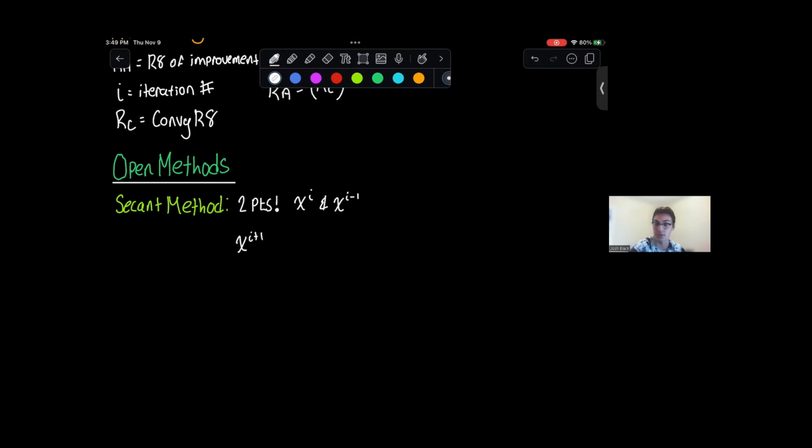xi plus 1, which is going to be our updated solution, is going to be equal to xi, our most recent solution, minus our function evaluated at our most recent solution, multiplied by this specific slope: xi minus xi minus 1 divided by f at xi minus f at xi minus 1.